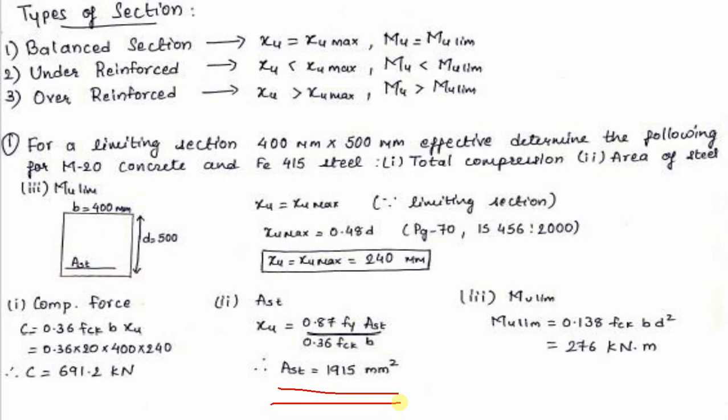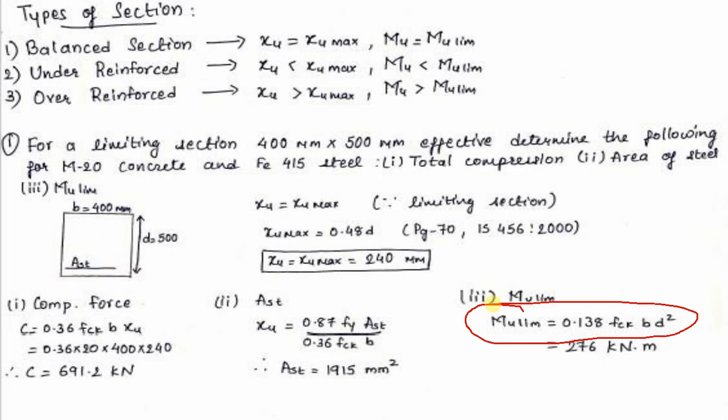And the third and foremost thing that has been asked is to calculate Mu lim. Now Mu lim, the limiting moment of resistance, has not been prescribed in our code. We need to apply the equation from SP16, but as SP16 is not allowed, we need to remember this. For Fe415 steel, Mu lim will always be equal to 0.138 fck b d square.